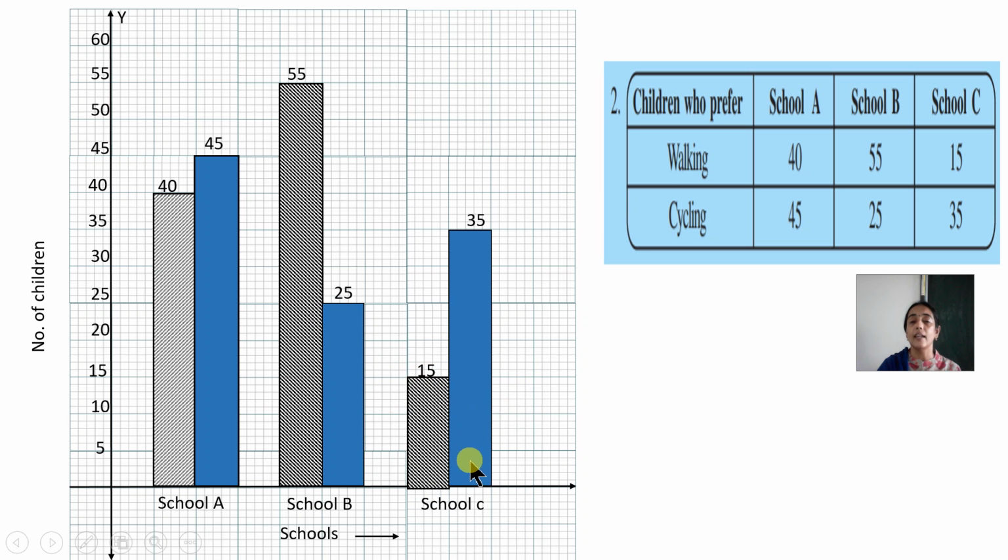And then till 35. I told you, one you color it, one you can leave empty or you can draw lines. It is up to you. But don't forget to write the scale and the x-axis. Also here the origin.